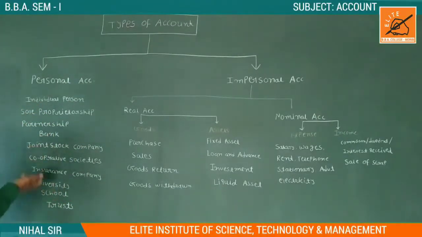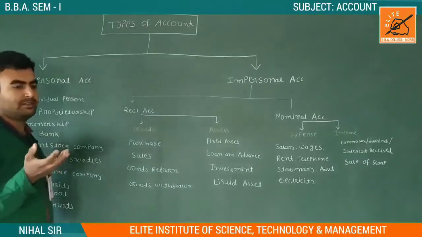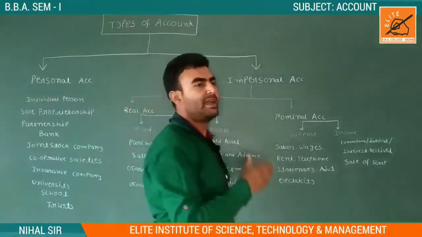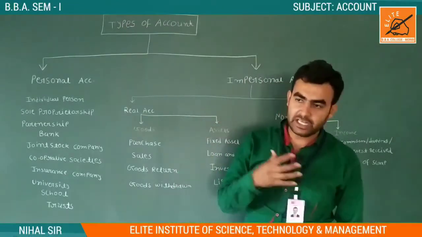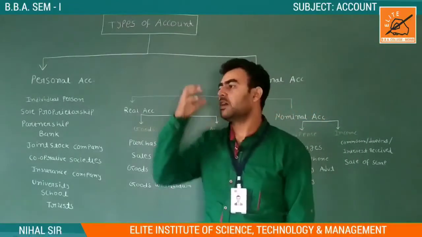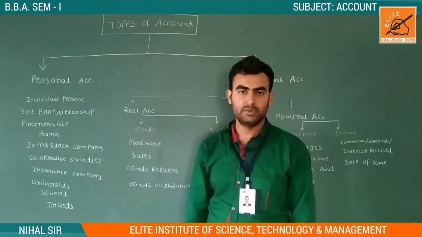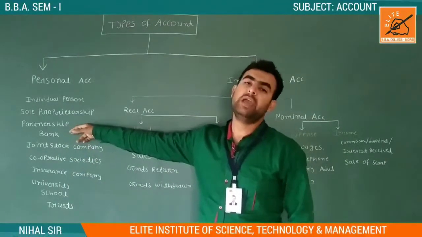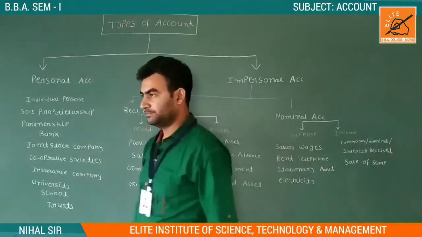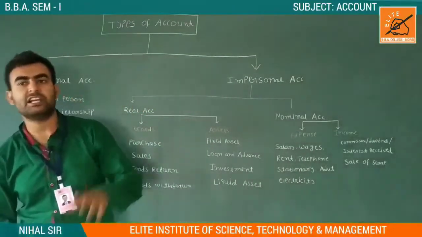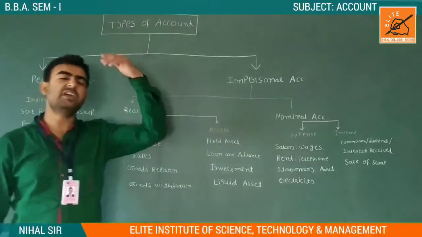Then after that, partnership: when two partners form a partnership and establish a business, and we deal with this partnership firm, the partnership firm's name also comes into a personal account. Bank also comes into a personal account, like HDFC Bank, SBI Bank, Reserve Bank of India.